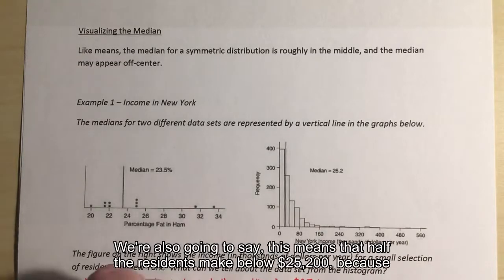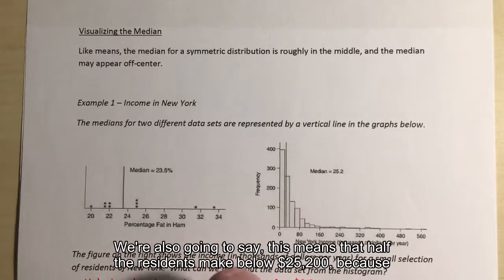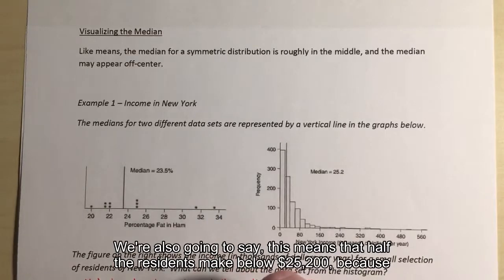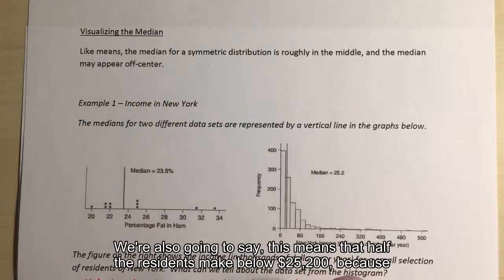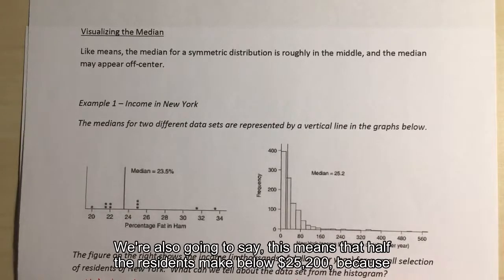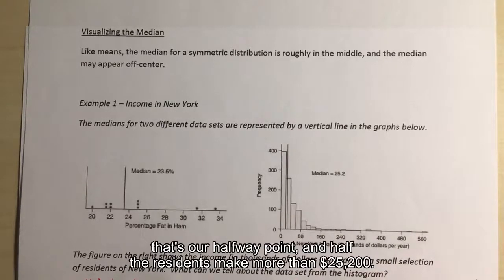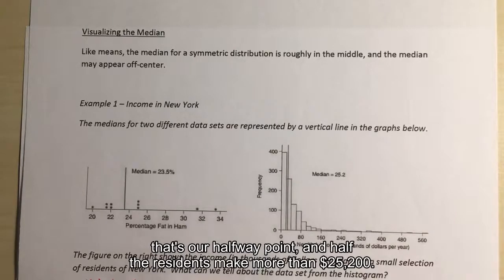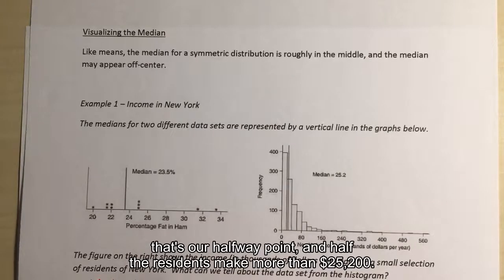All right, we're also going to say this means that half the residents make below $25,200, because that's our halfway point, and half the residents make more than $25,200.